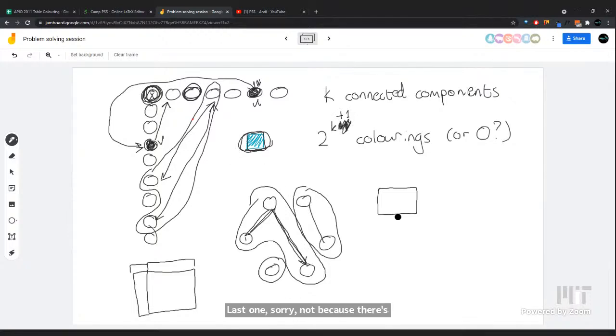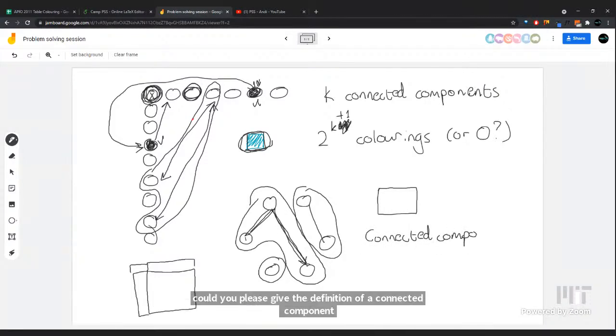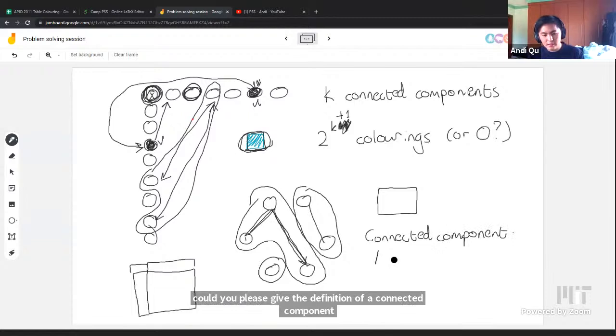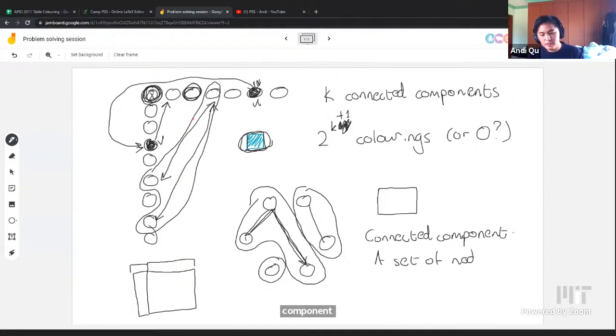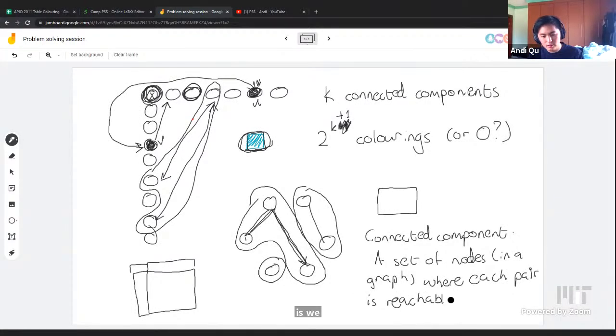Okay, fine. Sir, could you please repeat the definition of a connected component? So a connected component is a set of nodes in a graph where each pair is reachable from each other via edges.